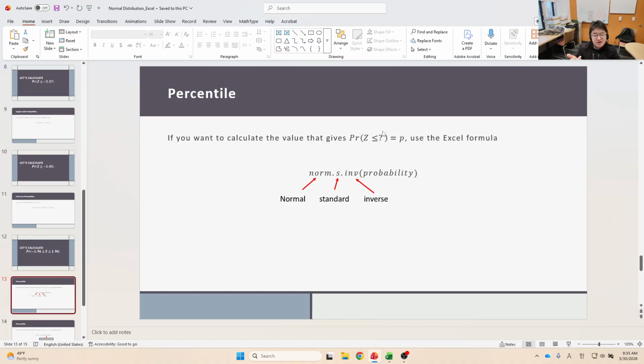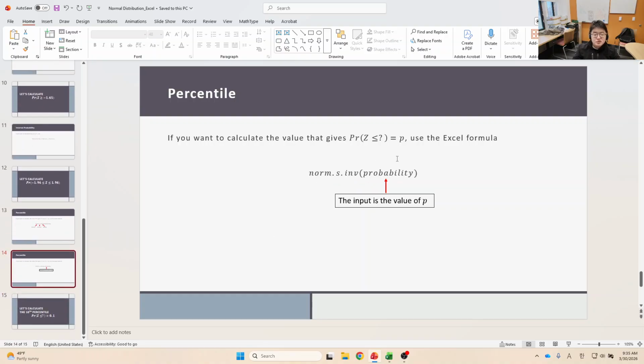We are inverting the role between the value and the probability. In the previous questions, when you input this value, then you get the probability. But now your input is the probability, and you will get the value. So you have to input the p-value.